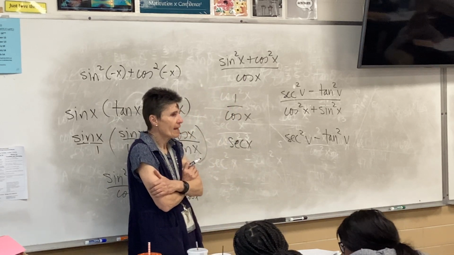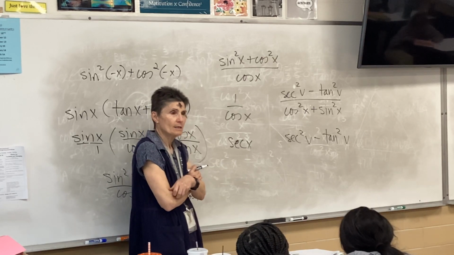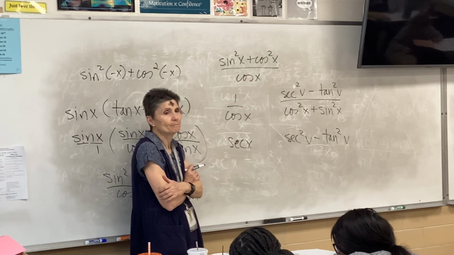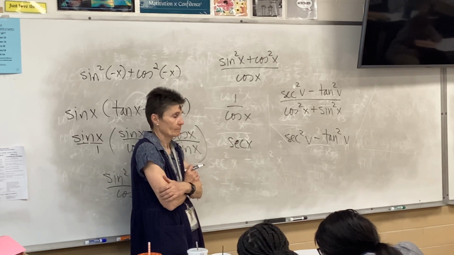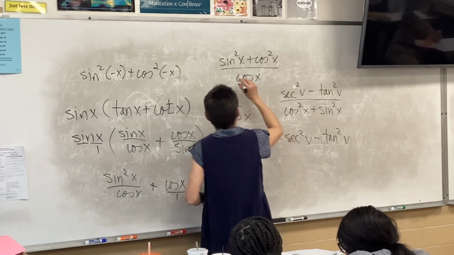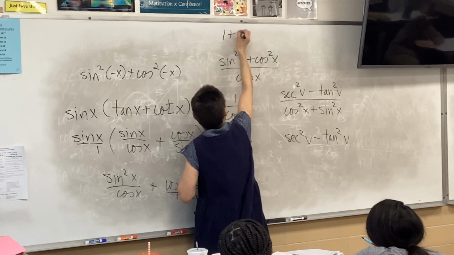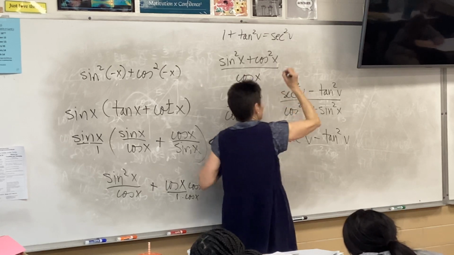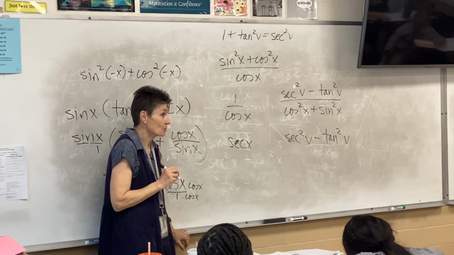Do you see anything that ties together secant squareds and tangent squareds? Isn't there an identity, a formula, that says 1 plus tangent squared is secant squared? There is, it's on the sheet.